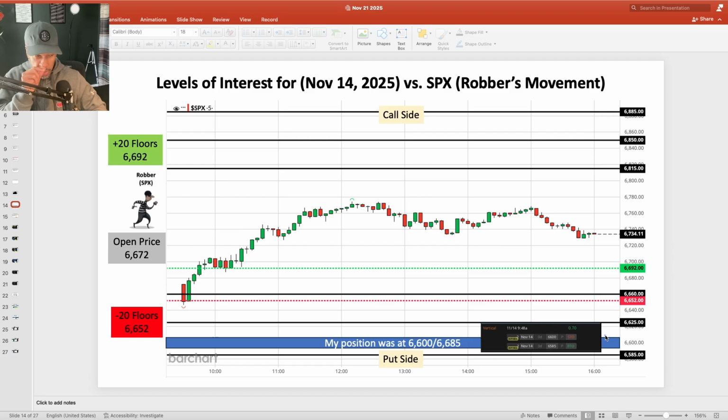So a $15 wide spread. And I got in, as you can see here, at 9:48. And I placed my position on the put side because the 20-point move was made to the downside, 20 points below the opening price. So I kind of figured that we're going to get a bounce, and we did.